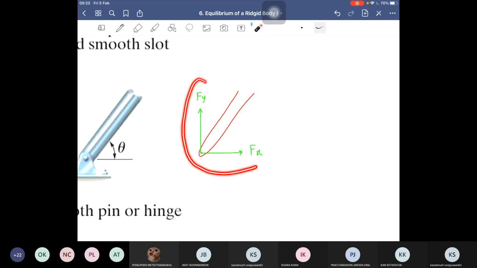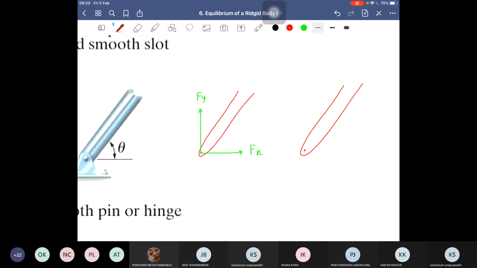These two forces, Fy and Fx, can be combined into one resultant force, Fr, where Fr equals Fx plus Fy by vector addition.